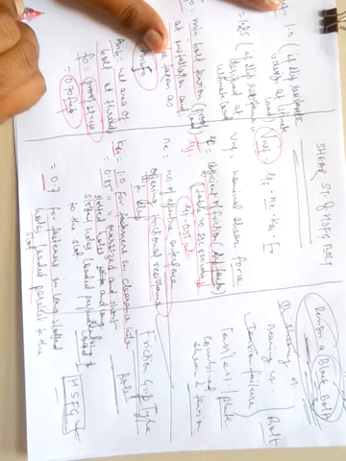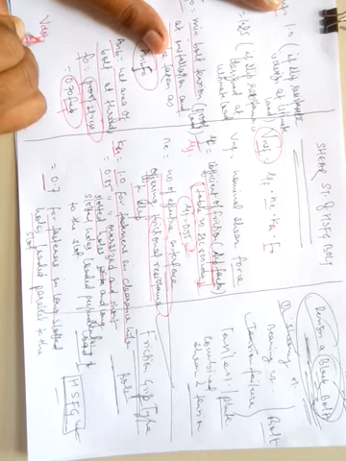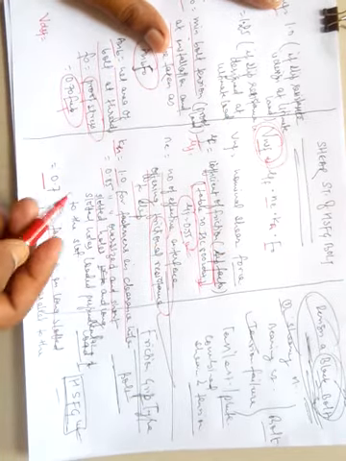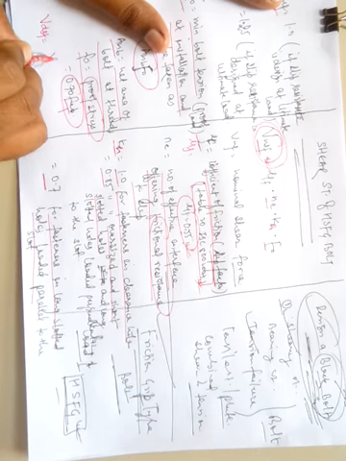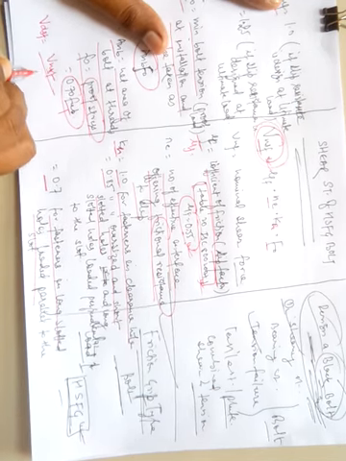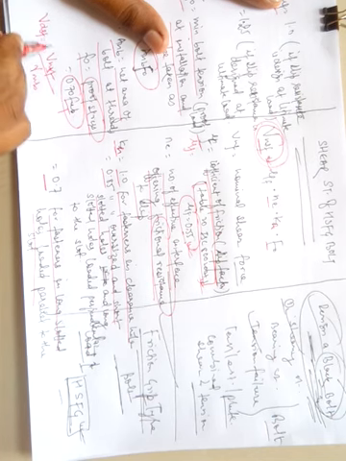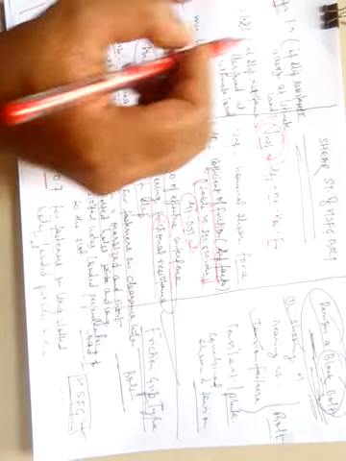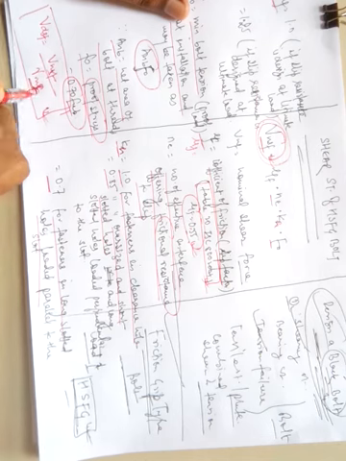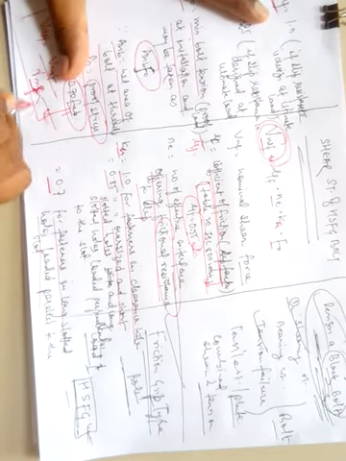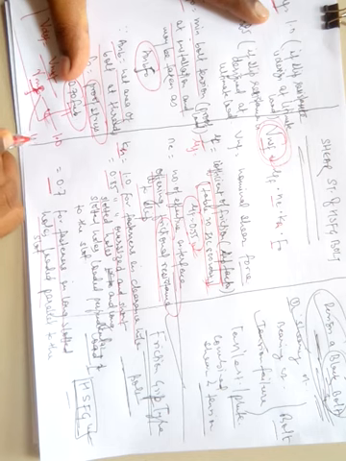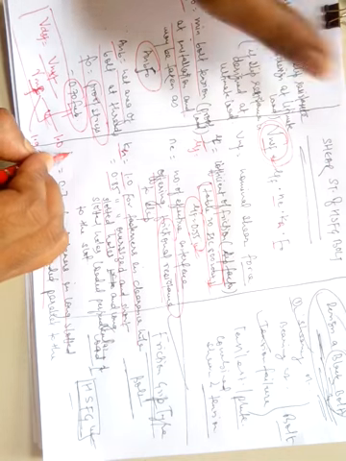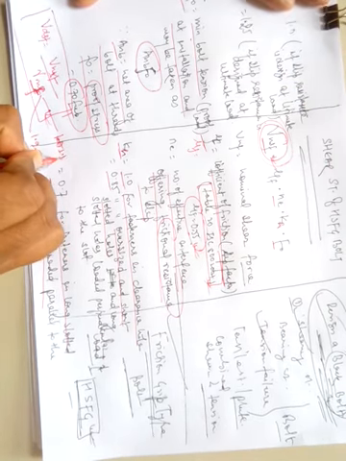So the design shear force VDSF is equal to the nominal shear force divided by the partial safety factor, so it will be VNSF divided by gamma mf.